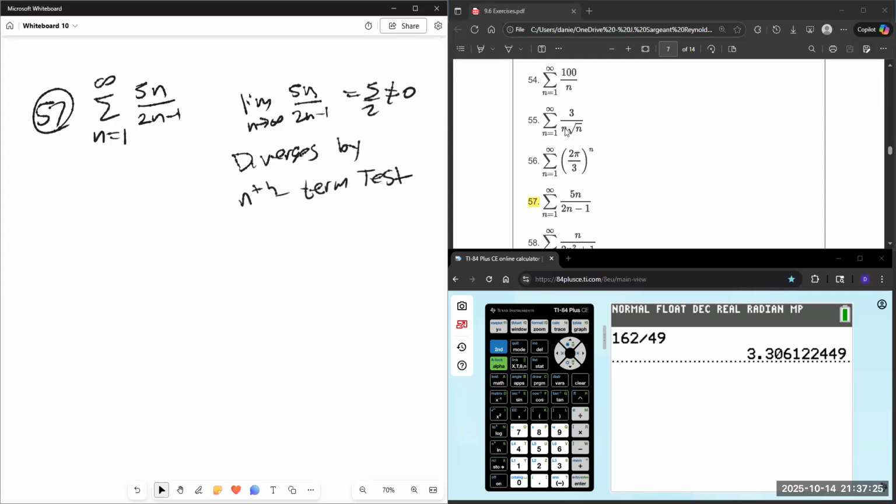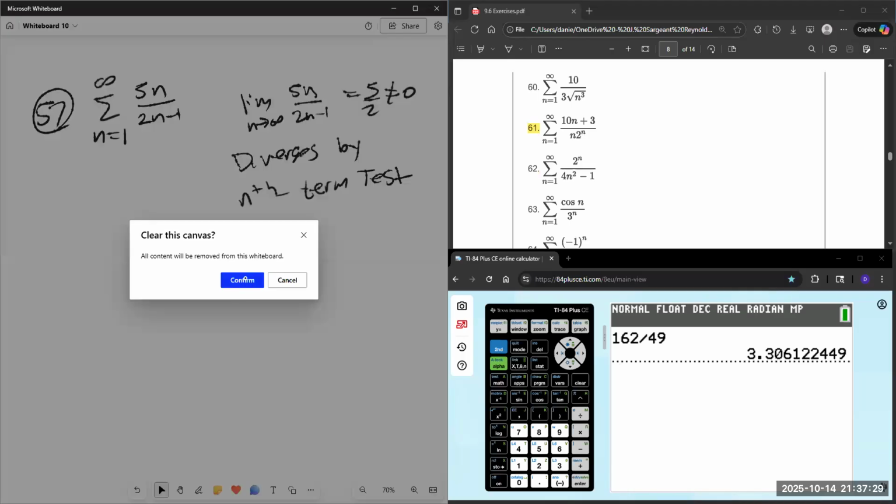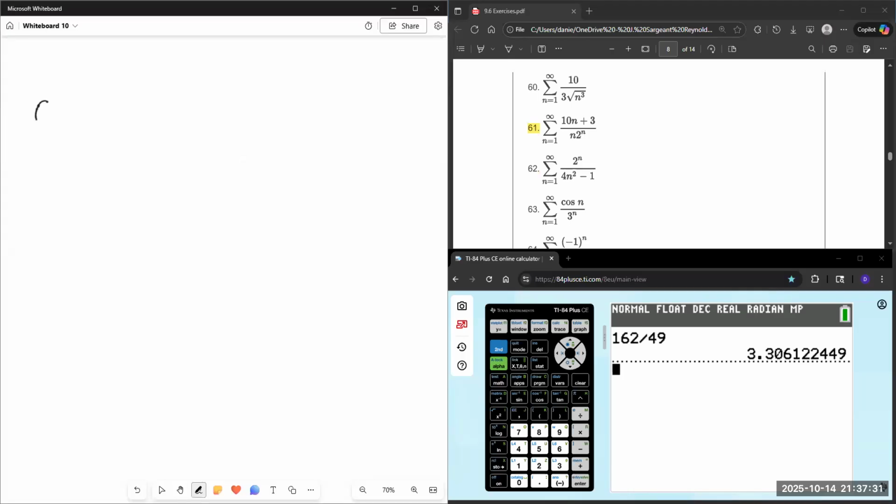Let's look at 61. So summation n equals 1 to infinity, (10n plus 3) over n times 2 to the n.